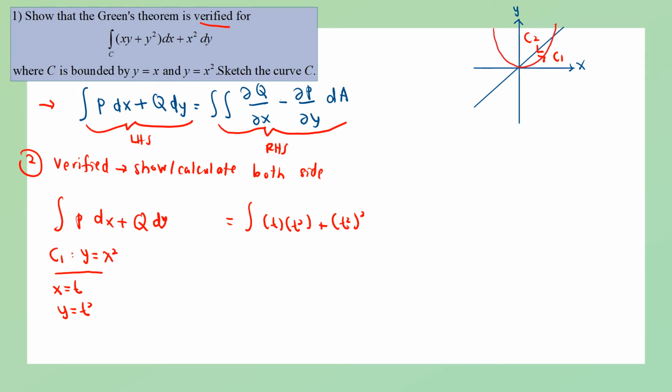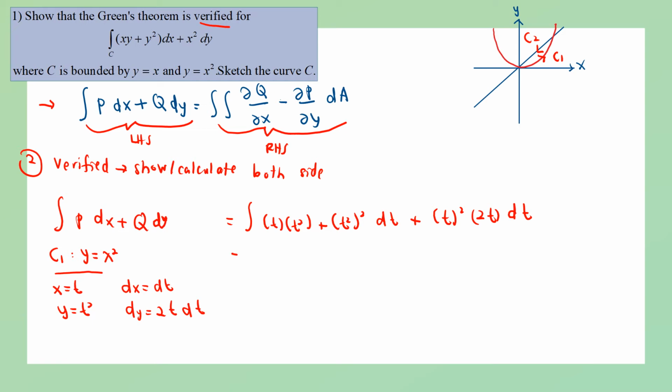So dx here is equal to dt, and dy is equal to 2t dt.